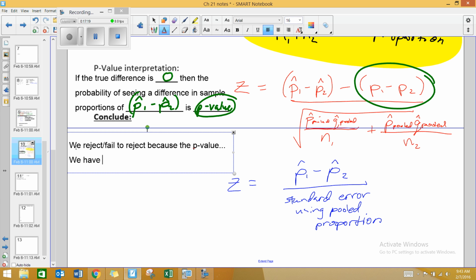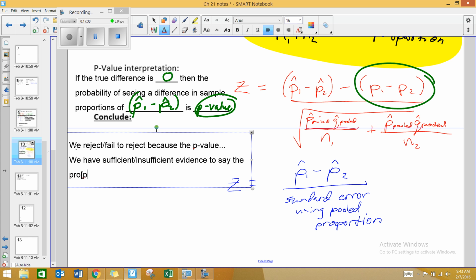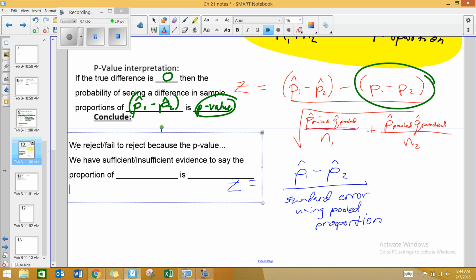And then we state that we have sufficient evidence, if we rejected, or we have insufficient evidence to say the proportion of blank is blank, and I'll put this all together in just a second.